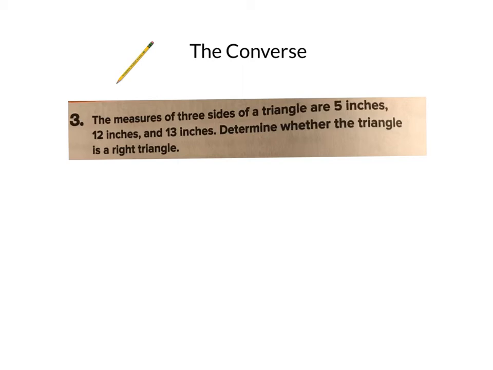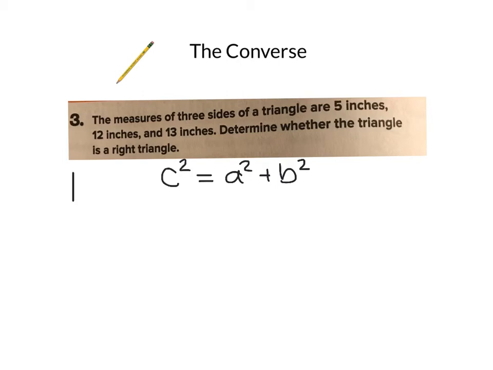So again, the converse is c squared equals a squared plus b squared. So now in my problem here, it gives me three sides of my triangle. I have a triangle that has sides that are 5 inches, 12 inches, and 13 inches. So I'm going to determine whether that's a right triangle or not.